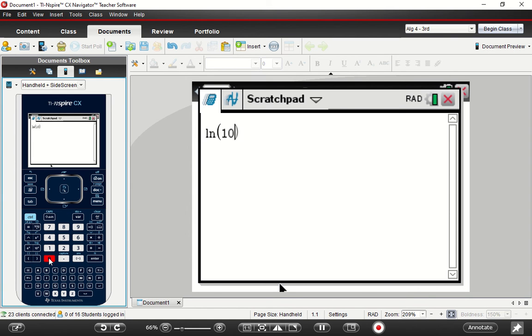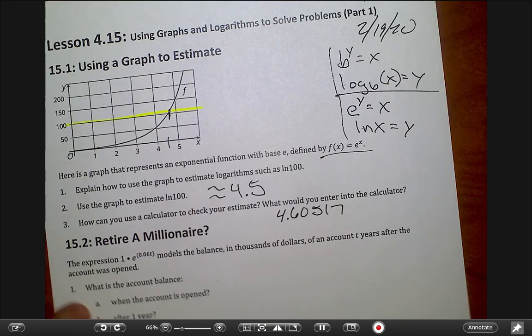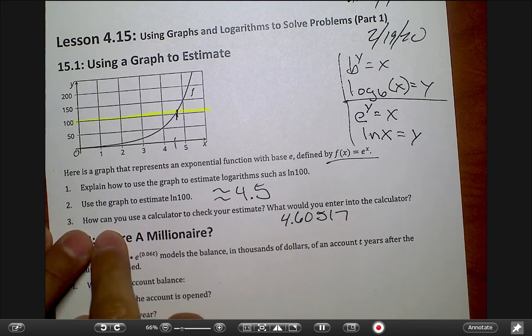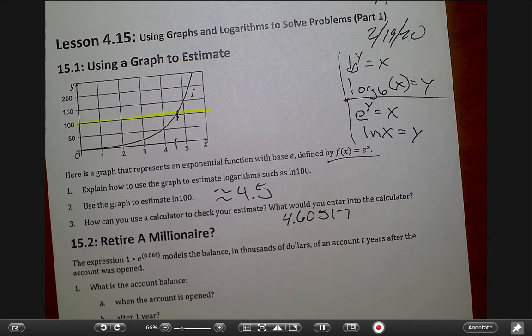Put in my 100, and it should be about 4.6. I'm writing it right below, because right here, we approximated it. I checked it right here. It's pretty close, isn't it? That should be pretty easy, looking at stuff in the graph and then pulling that out.